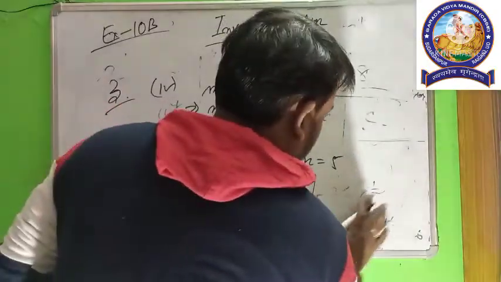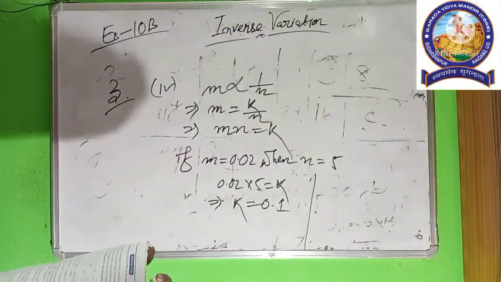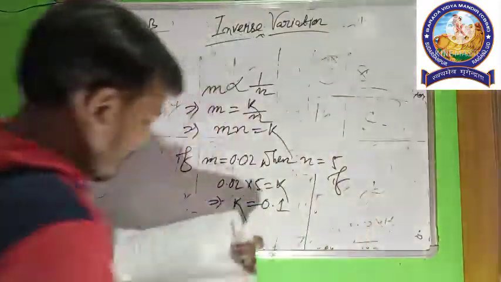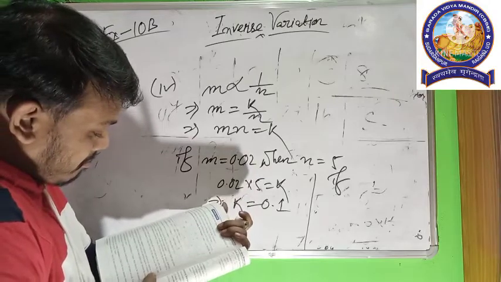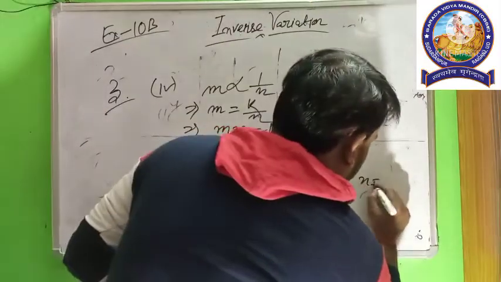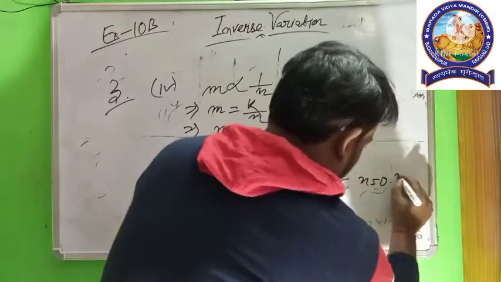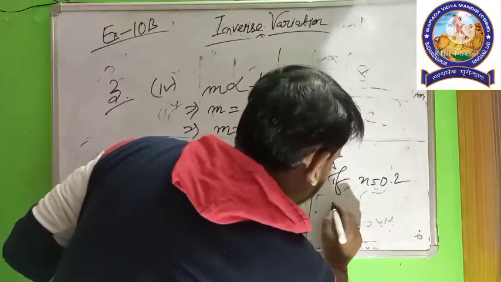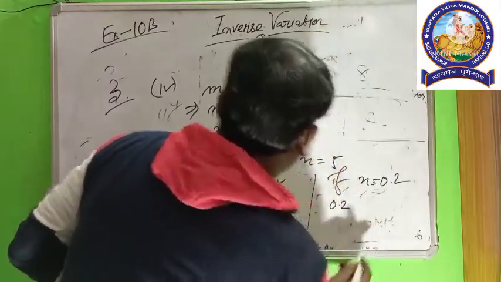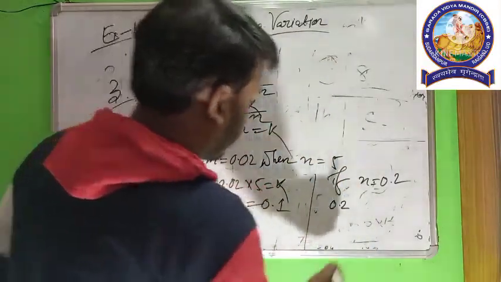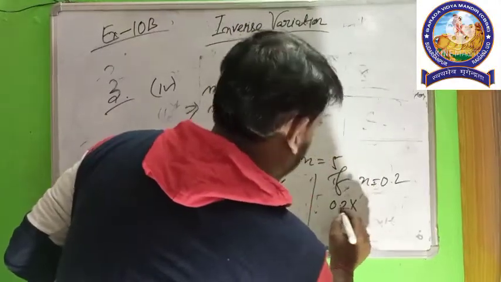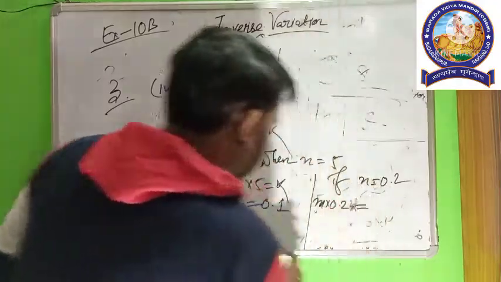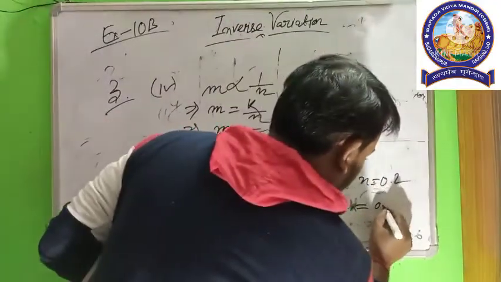Now we will find the value of M if N equals 0.2. Put 0.2. Therefore M into 0.2, Mn equals K, so 0.2 M equals K, and the value of K is 0.1.